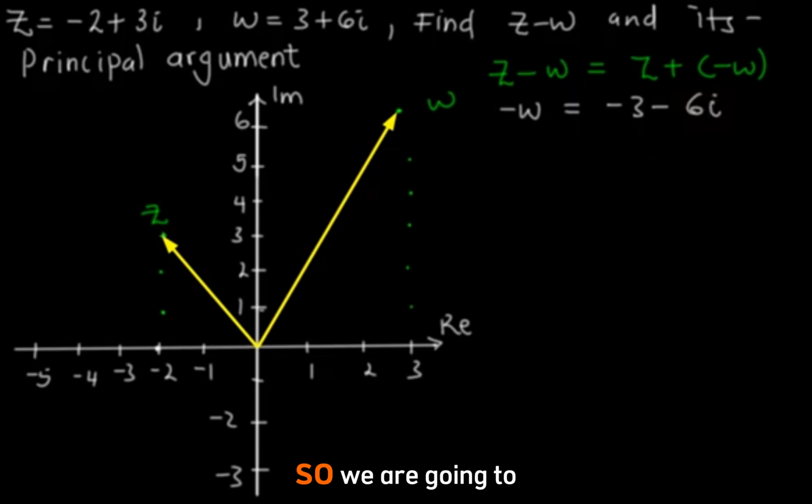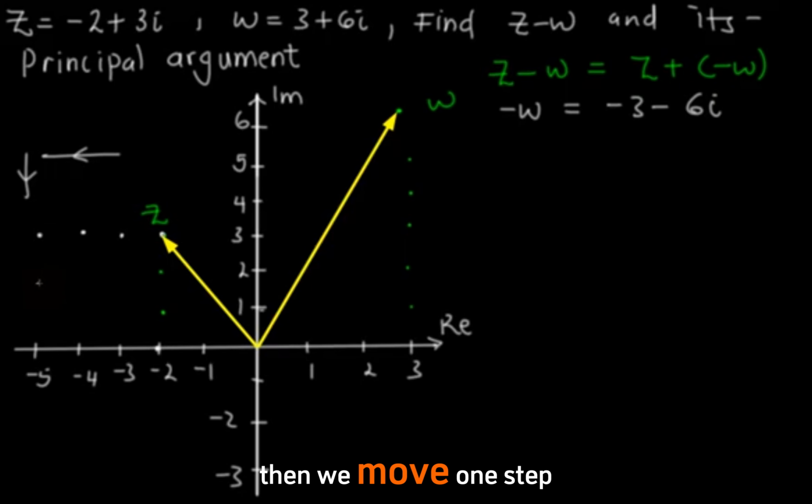So we are going to start from the head of z, moving 3 steps backwards along the real axis and then 6 steps downwards along the imaginary axis. So this is 1, 2, 3. Then we move 1 step, the second, the third, the fourth, the fifth, and then the 6th.